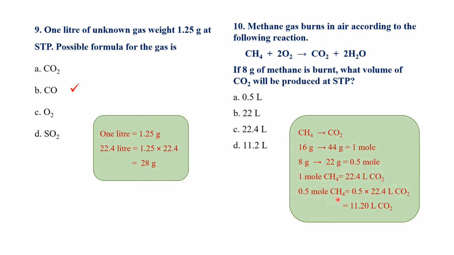So 0.5 mole of methane will produce how much carbon dioxide? 0.5 is half of 1, so 22.4, if we halve it, becomes 11.2. Or if we cross multiply, 0.5 multiplied by 22.4 liter, the carbon dioxide produced is equal to 11.2 liter.